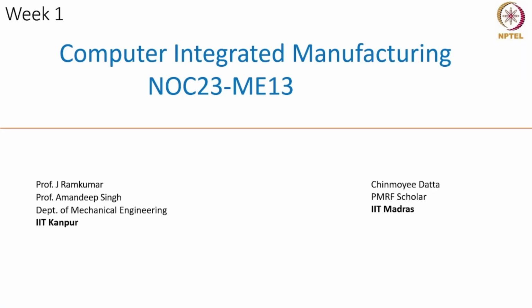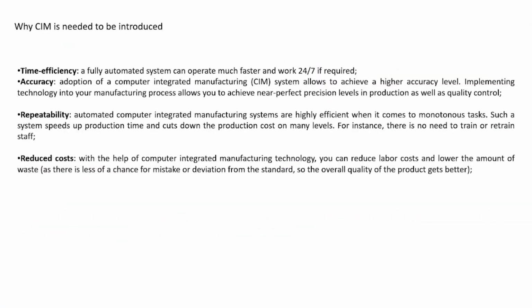So the first thing is time efficiency. As it's a fully automated system, it can operate much faster, in less time. So time efficiency has been increased through the CIM process. And accuracy, as you said, high accuracy.